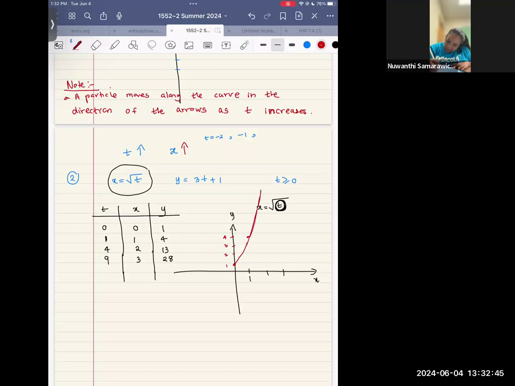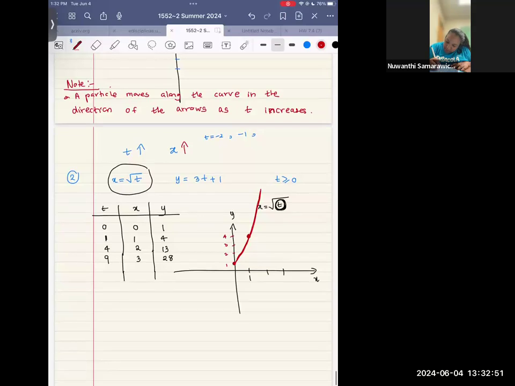You will get something like this. And now you need to check the direction. This point you get when t is equal to 0, then t equal to 1, then t equal to 4. And you see the values are increasing. So your direction is this side.